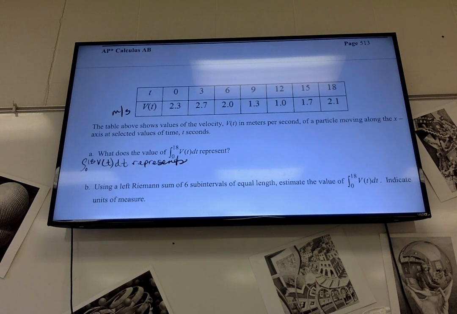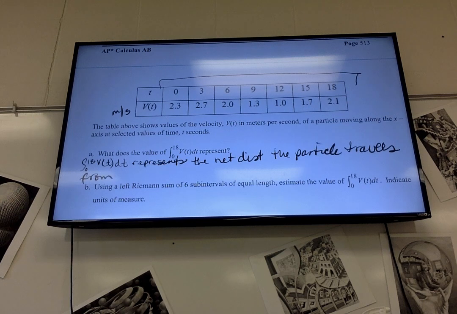But if we're doing the whole thing from 0 to 18, that's the net distance. It represents the net distance the particle travels from 0 to 18 seconds.